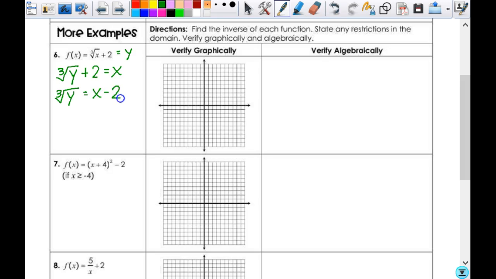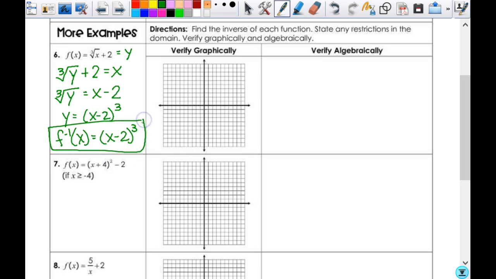Minus 2. Then to get y by itself, what do? Cube it. I'm going to cube both sides, so I get y is equal to x minus 2 cubed. So the inverse function of x is equal to x minus 2 cubed.